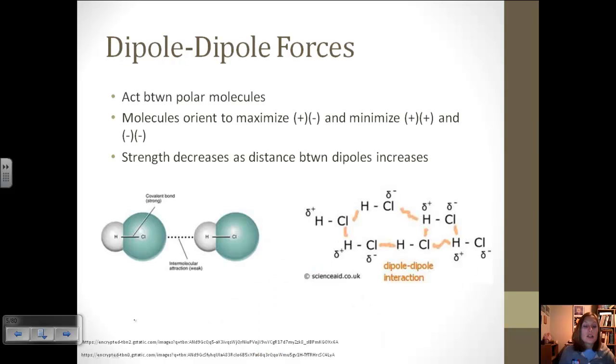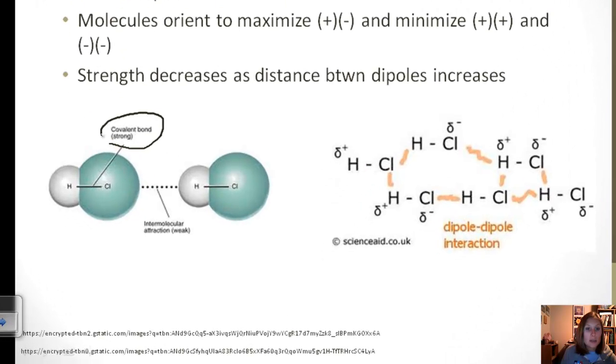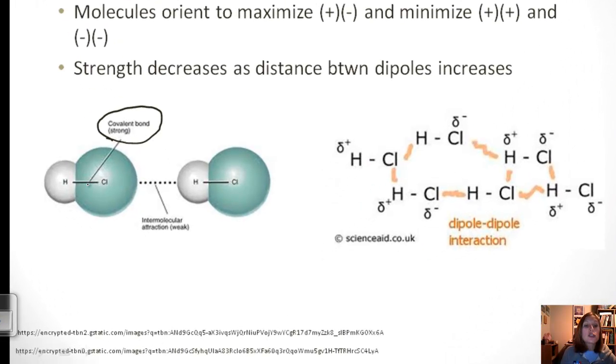Okay, so let's look at HCl, for example. So here we have a covalent bond, but that is an intramolecular bond. Here is our intermolecular attraction. Because we have polar bonds on each of the H to Cl's, these are polar molecules, and so the bond between those two molecules is going to be that intermolecular dipole-dipole bond.